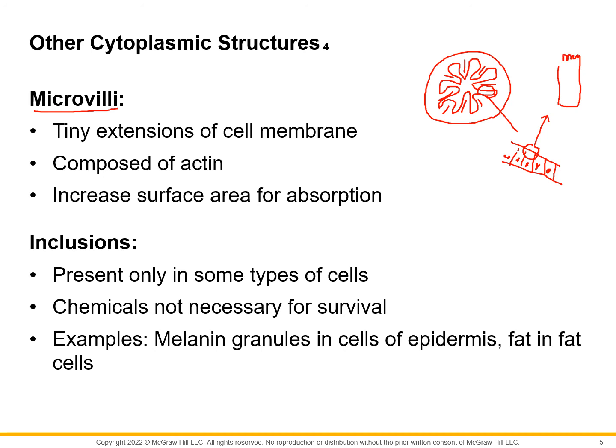It goes back and forth, and when I draw it, it ends up looking kind of like Bart Simpson. These little waves on the top are called microvilli, and again, it is all about increasing surface area.